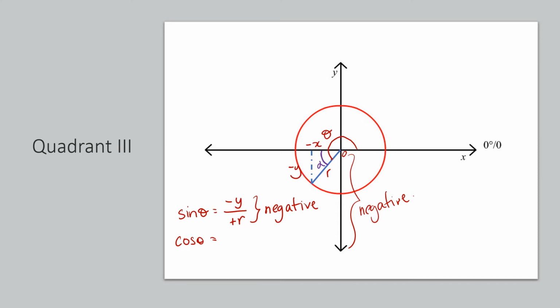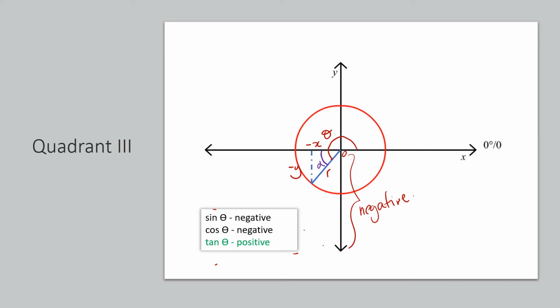Cosine is adjacent over hypotenuse, so that gives us negative x divided by positive r, and this is also negative. And finally, the tangent of theta is opposite over adjacent, so negative y over negative x, and this is positive. So in the third quadrant, only tangent is positive.